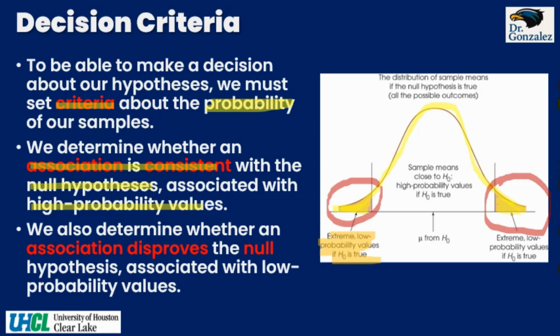If you're retaining that null, that means that your value fell over here, or over here. And if you're rejecting that null, if you are saying that there is a difference, your alternatives are falling out here in these other regions, okay?